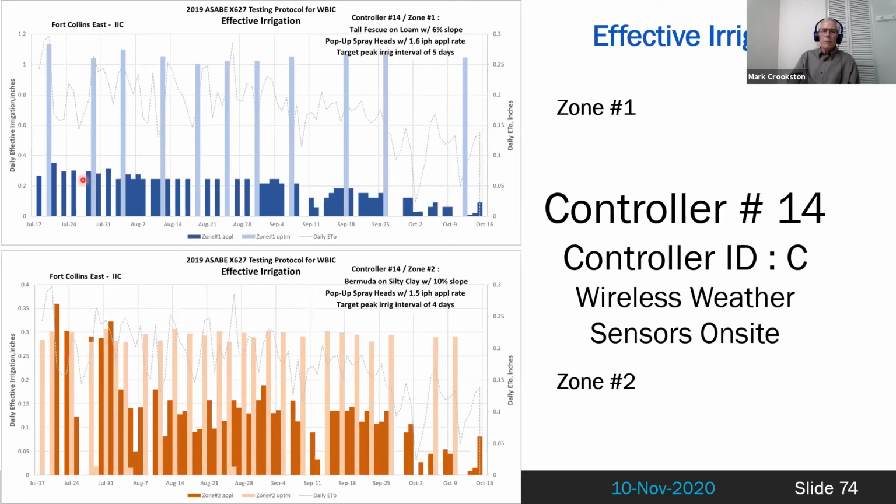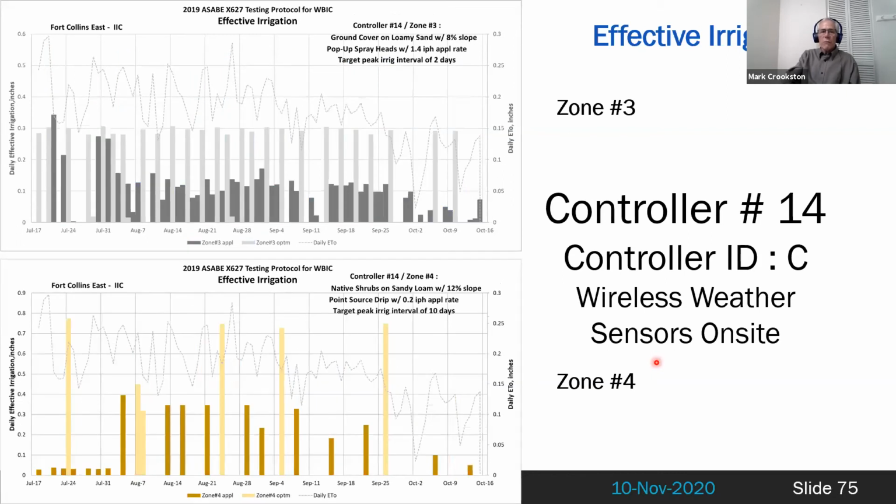That's good. But notice how frequent some of the irrigations were, every day during periods of time, trying to catch up and do good. Whereas we would have liked it to irrigate deeply and infrequently, with much fewer irrigations and the potential to conserve more water. So that's zones 1 and 2.